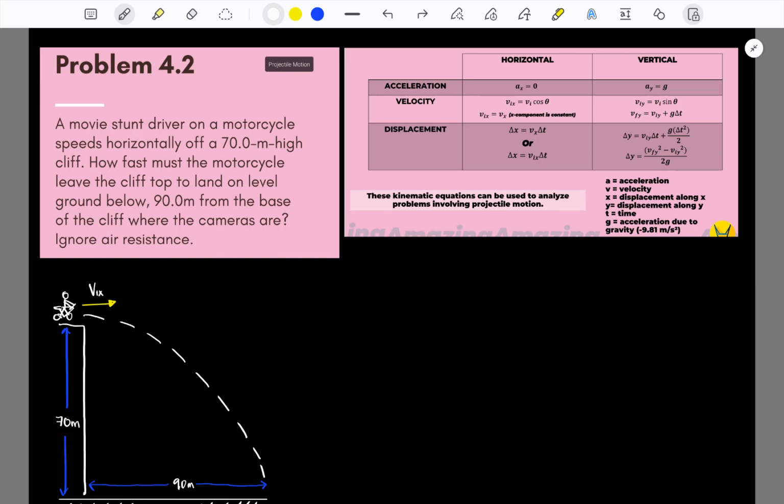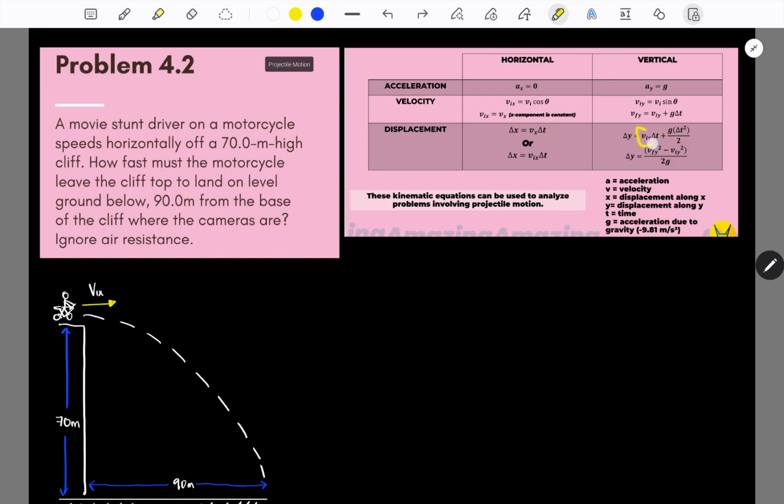If we check the equations with time, we have the vertical equations right here. We could use this one or this one. If we evaluate the two equations, this is the best equation to use to solve for time. Why? Because in this equation, we will be using gravity, the 9.8 meters per second squared value, which is always constant.